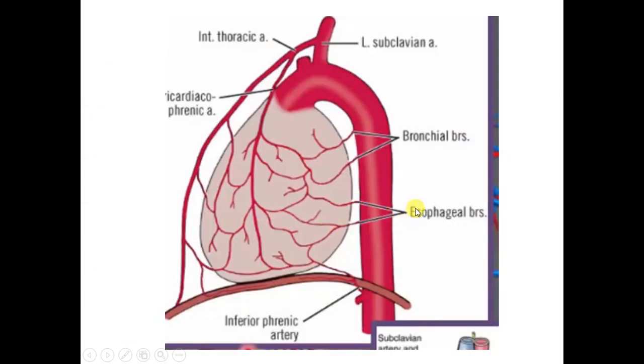Here we see the blood supply of the pericardium. It's from branches of the internal thoracic artery. One is the pericardiophrenic artery supplying the pericardium. Here are other small branches coming from the internal thoracic artery to supply the pericardium. From behind, posteriorly, branches from the bronchial arteries and the esophageal arteries are also supplying the pericardium.